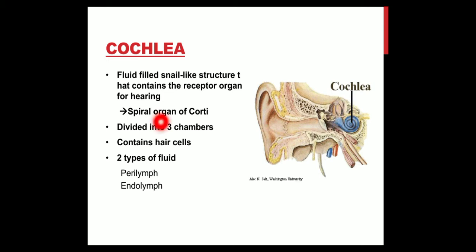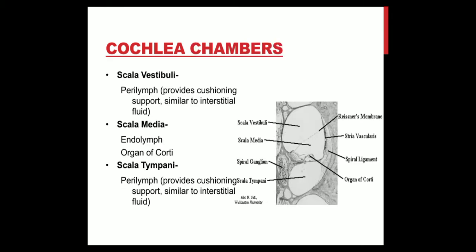The cochlea contains hair cells, and two types of fluids are present in it: perilymph and endolymph. Now let's see the cochlear chambers here: scala vestibuli, scala media, and scala tympani.